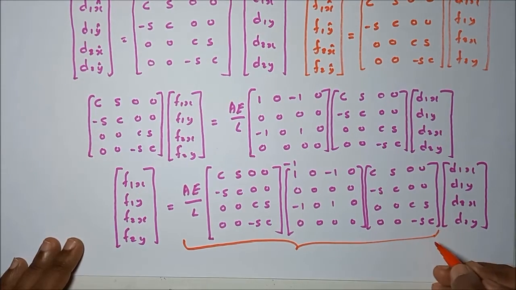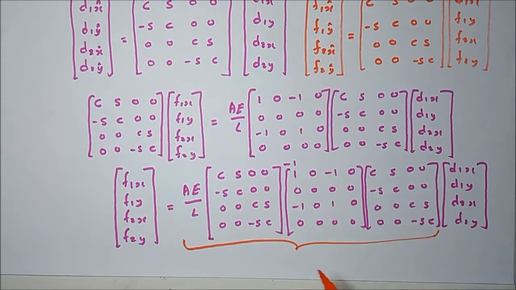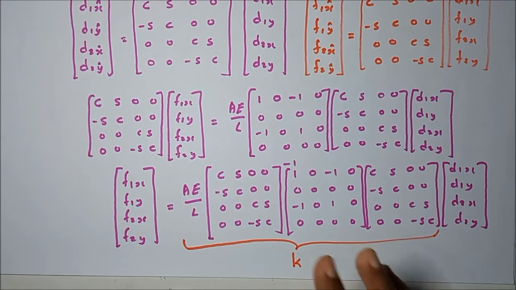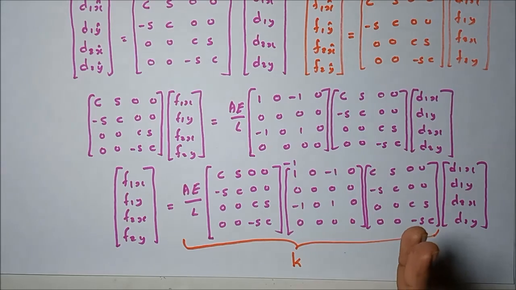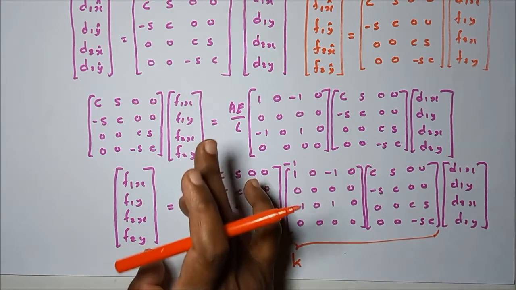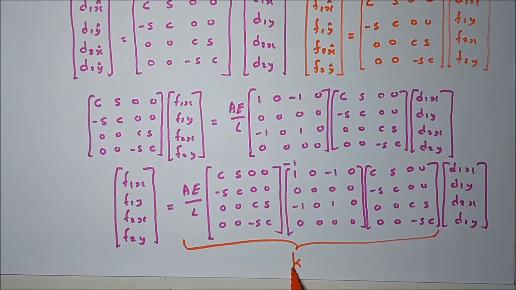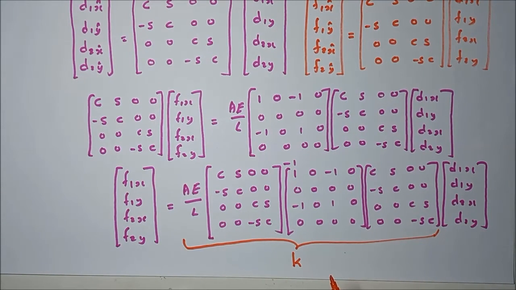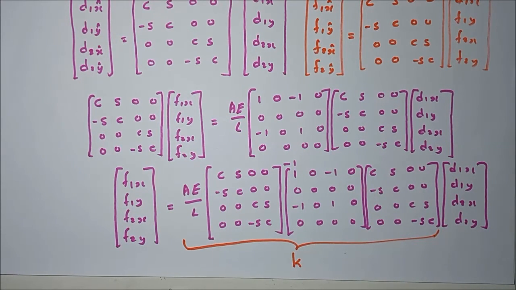We have a 4x4 matrix called the element stiffness matrix with reference to the global coordinate system. It is the multiplication of all of these three matrices. Let's see how to do the multiplication.